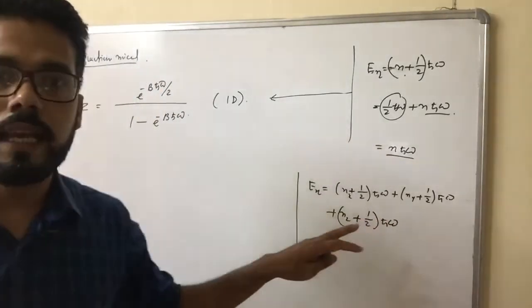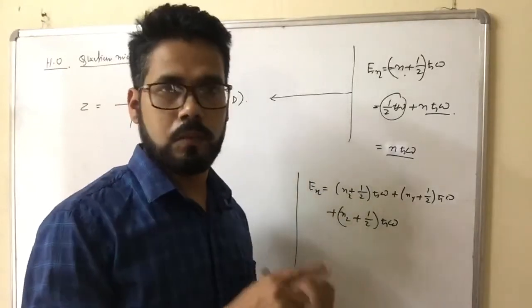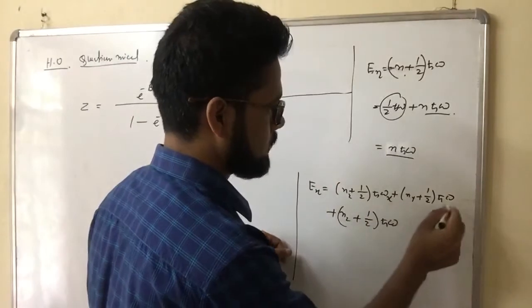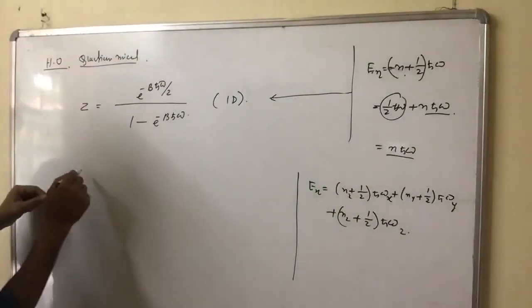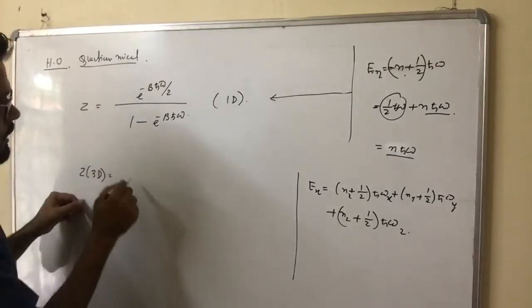Suppose it is an anisotropic harmonic oscillator, not isotropic. That means the frequencies omega x, omega y, omega z are not equal. This is the three-dimensional case, and Z in the 3D case is nothing but the product of these.